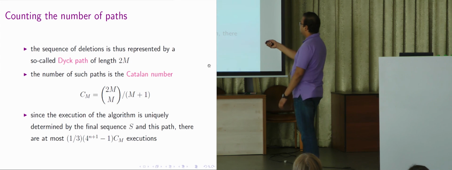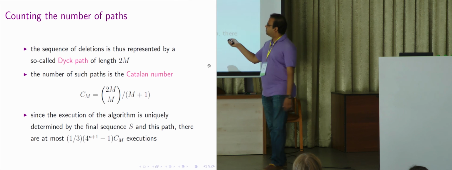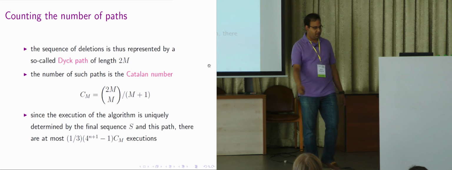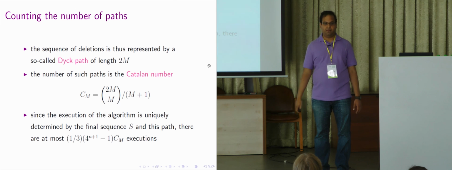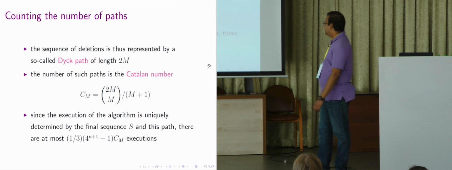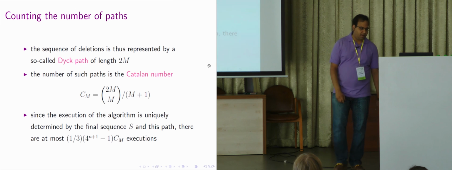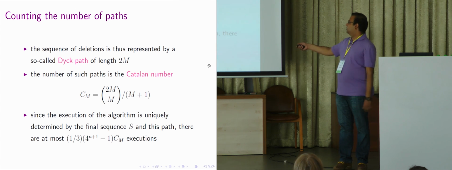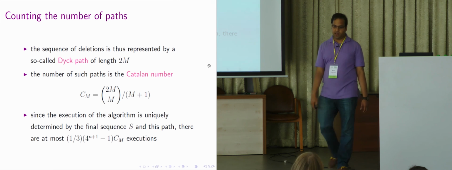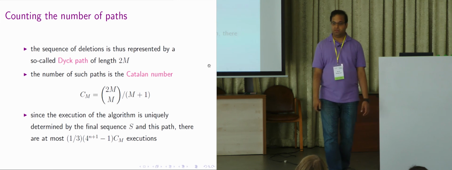So now the point is that the sequence of deletions is represented by a so-called Dyck path of length 2m. And wow, the total number of all such paths is given by the mth Catalan number, just like that.